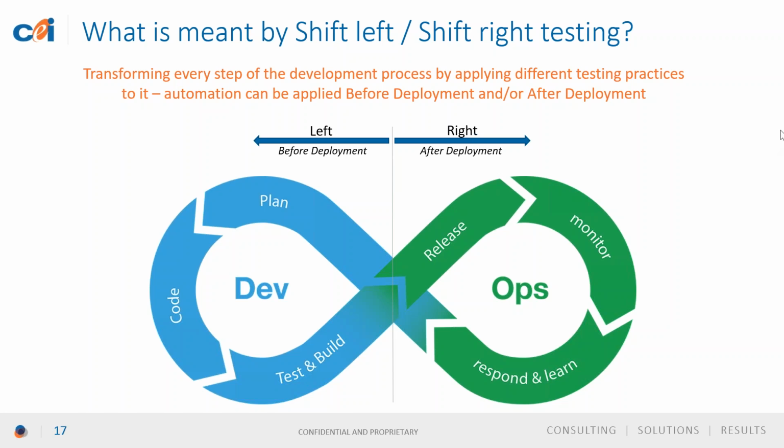Whereas the shift right approach enables you to test in production and prepare for undefined, unknown or unexpected changes. Functional and non-functional testing, and testing every build and every deployment, come as part of shift left. API monitoring, production traffic and so on come under shift right. I hope that answers the question.